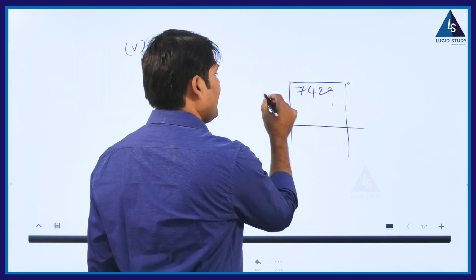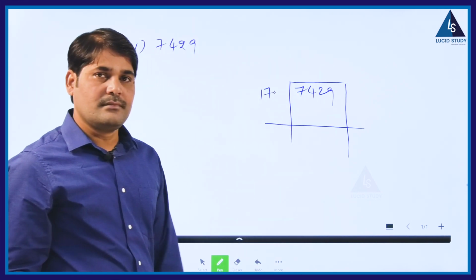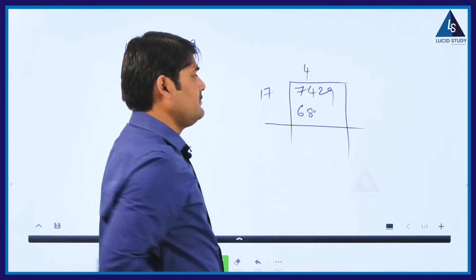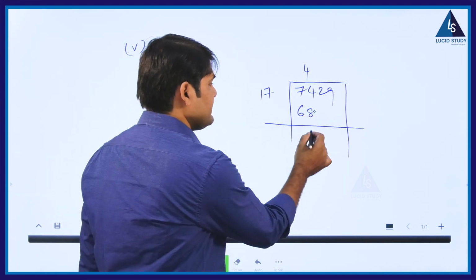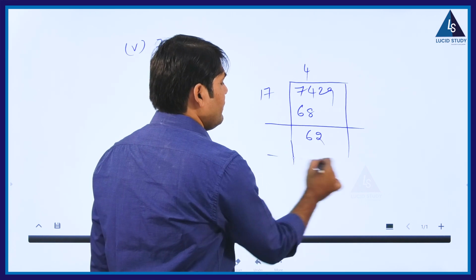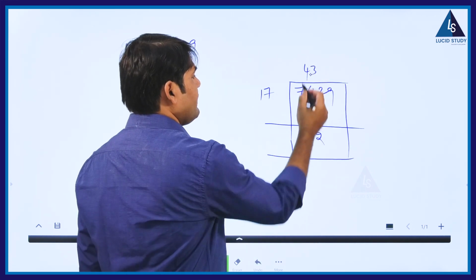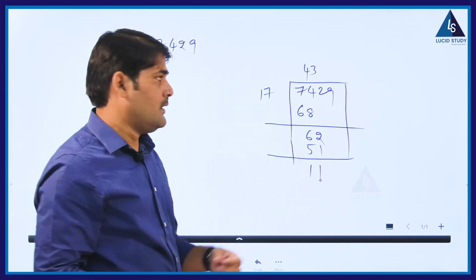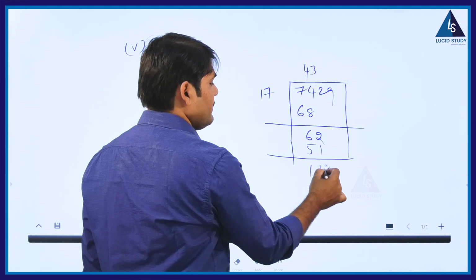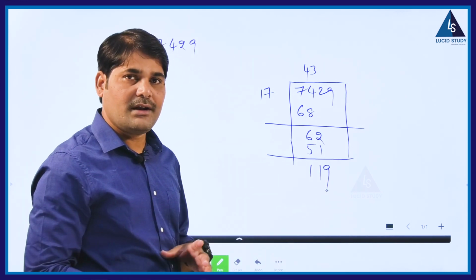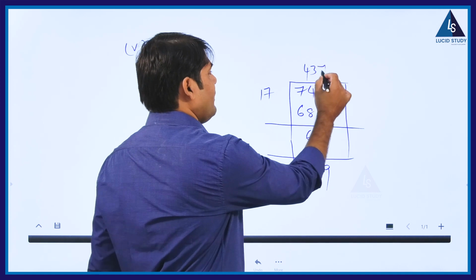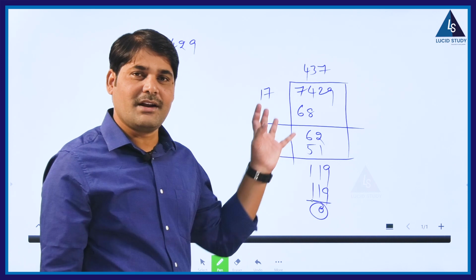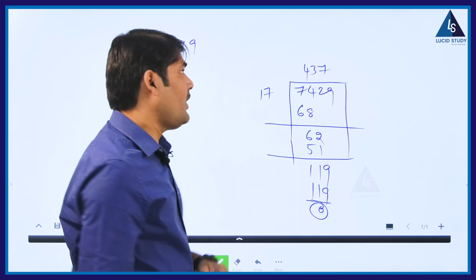With 17 we will divide. 17 4s are 68, so if you subtract it will be 62. Now 17 3s are 51, so if you subtract, the answer will be 11. Now we will put down this 9. In the 17 table, when will 119 come? 17 7s are 119, so you get remainder 0 here. So only the 17 table divides it. So how can I write?